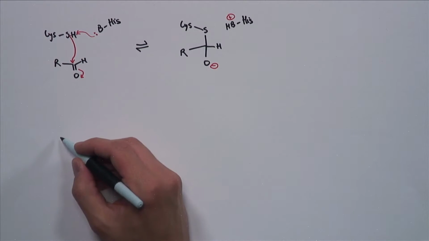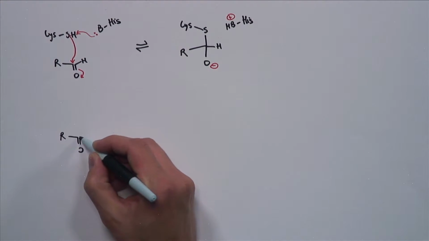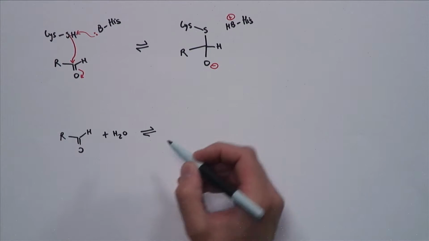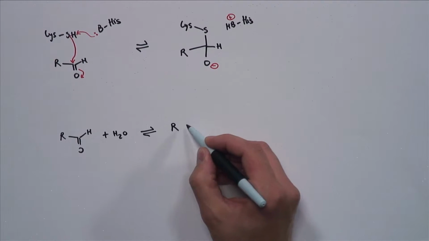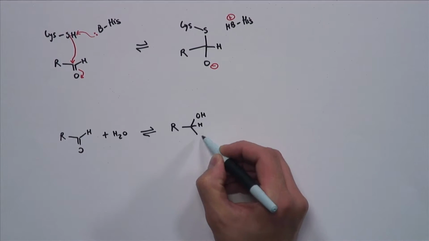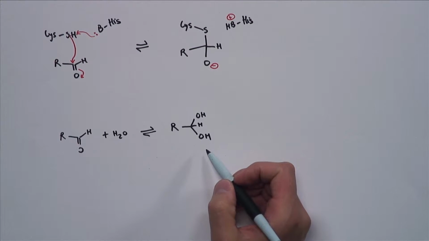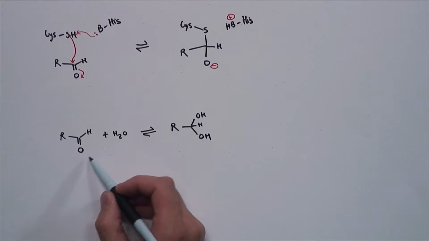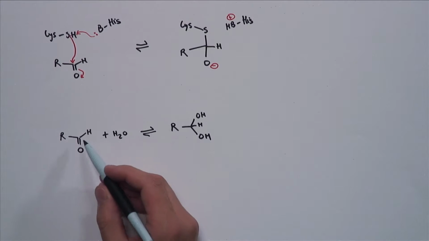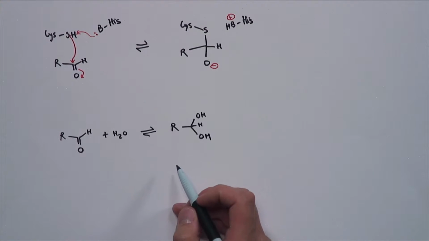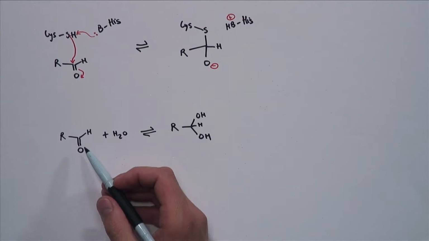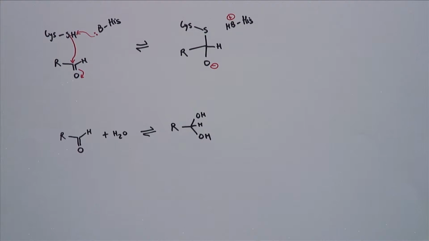But aldehydes in solution can react with water and form what we call geminal diols that look like this. Therefore, the effective concentration of the aldehyde in solution will be diminished because of this equilibrium, and the inhibitor might not be efficient at that lower concentration.